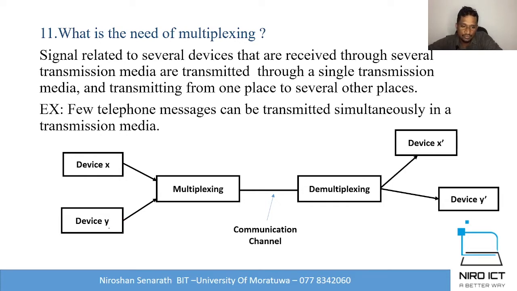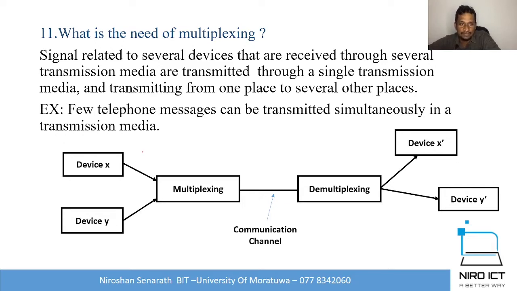So this is also device Y or a device Z. Whatever it is, a number of devices are connecting to the main tower or a main place through various types of transmission medias, and they are transmitting signals to the other tower or other important place using a single transmission media. So in there multiplexing occurs.